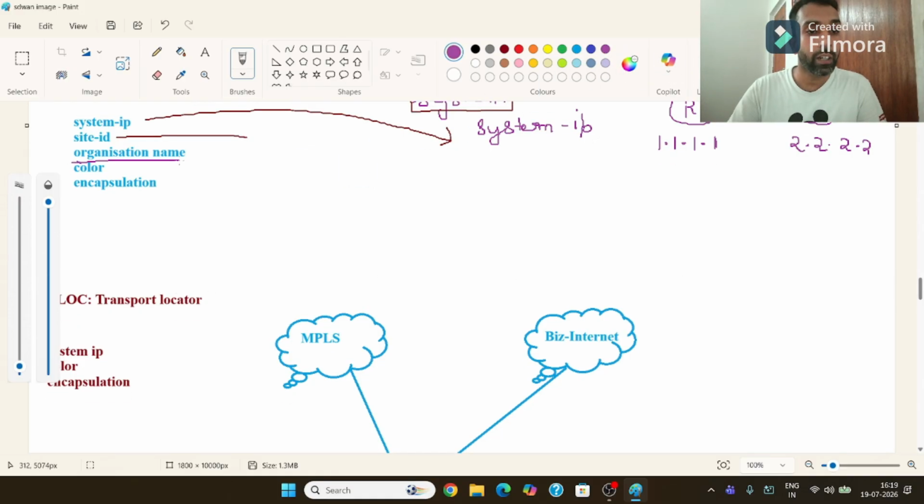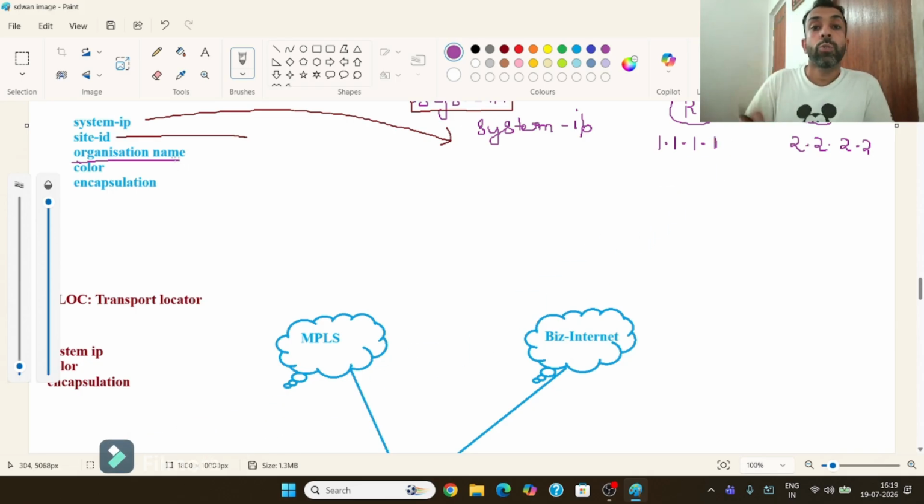Now, this is very important. All your devices belong to the same organization, so they must have the same organization name. Where are you going to get the organization name from? Remember the step when you registered your account on Cisco's site. At that point of time, you provide an organization name.